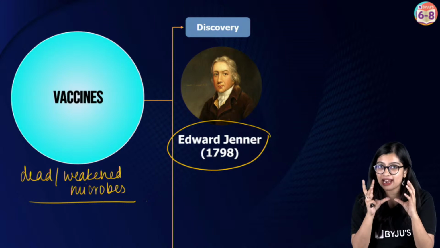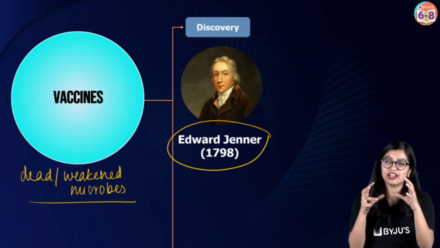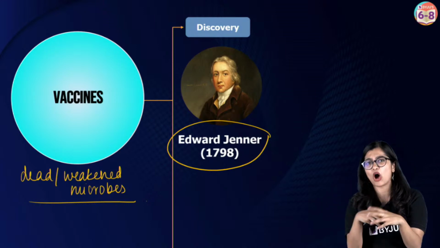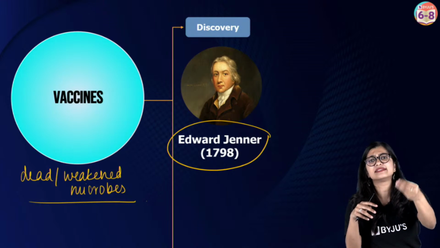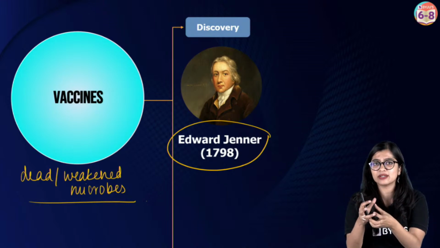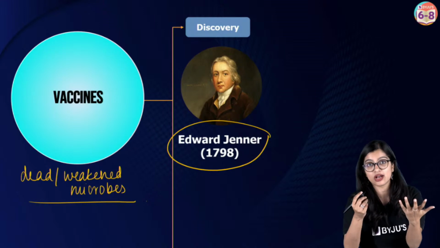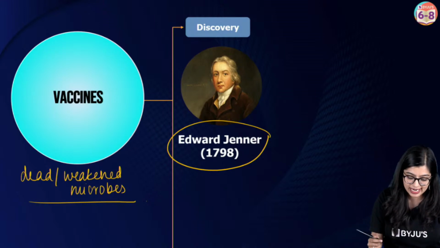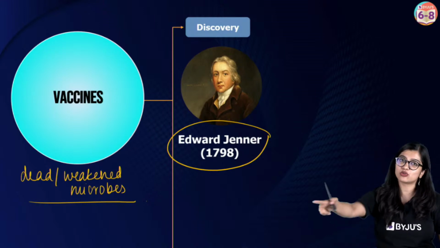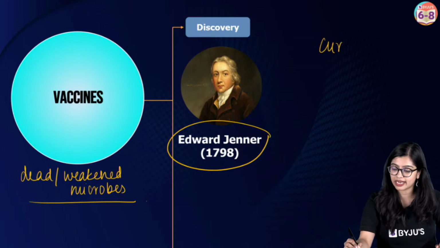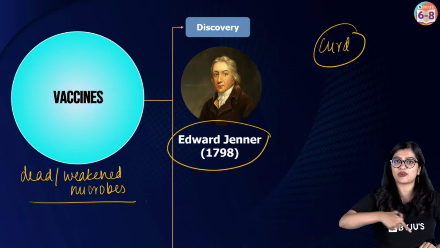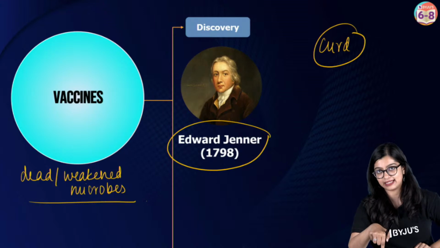There are laboratories set up with safe practices, wherein we handle these microorganisms and their capacity to cause a disease. When I say dead and weakened microbe, it's not like I took some lactobacillus from the curd and made a vaccine, right?